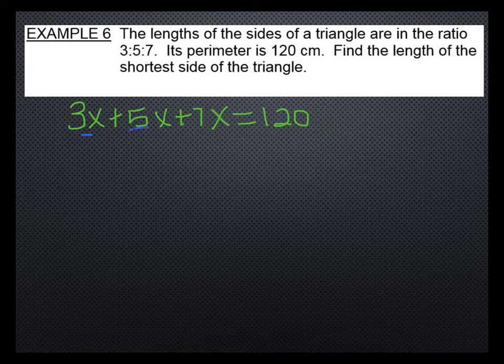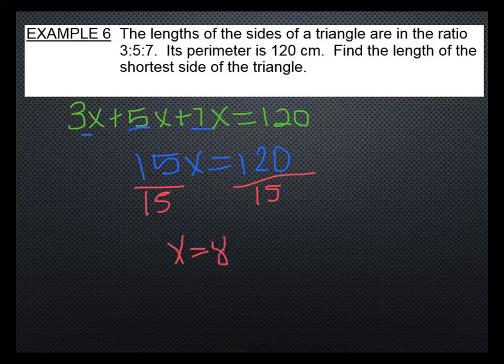3 plus 5 is 8, plus 7 is 15. So we have 15x equals 120. Now we divide 120 by 15. And we get 8.